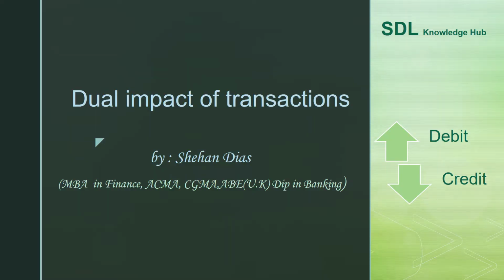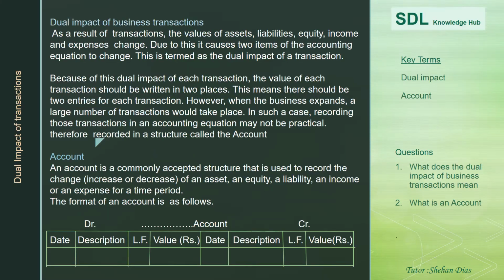Today, we will be looking at double entry or dual impact of accounting. Dual impact of business transactions. Due to transactions, the values of assets, liabilities, equity, income, and expenses change. So these are called the accounting elements.